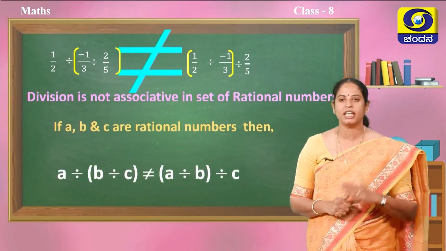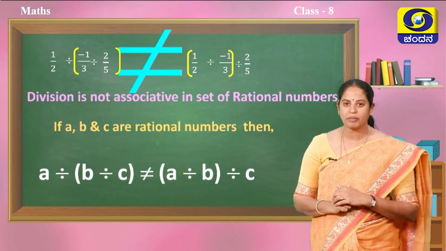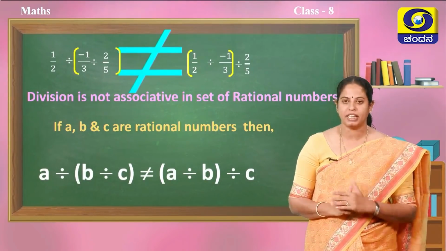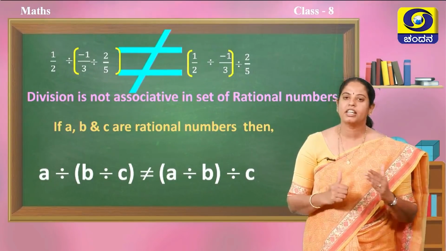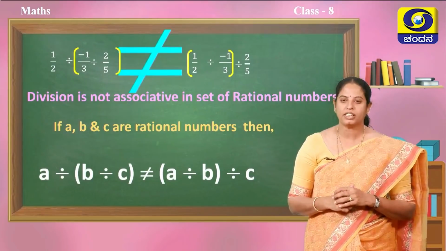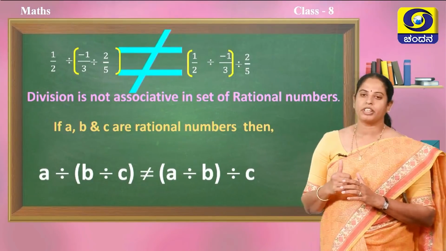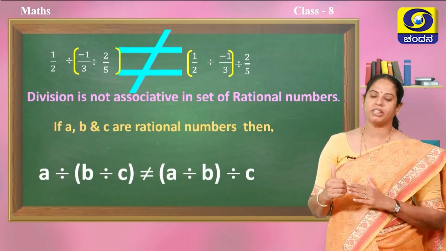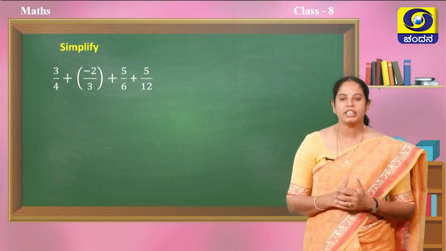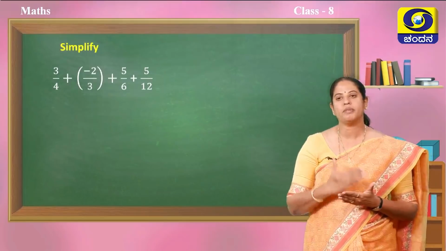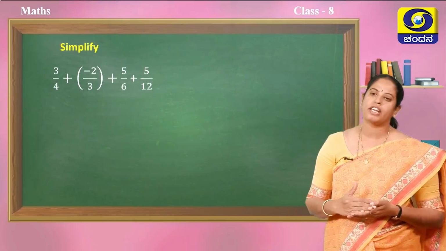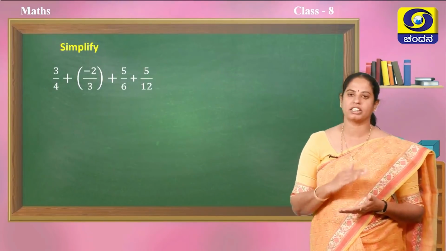If you consider A, B, C, three rational numbers, when we divide A by the result of B divided by C and we get the quotient, that is not equal to the quotient that we get when we divide result of A divided by B by C. Yes. So in set of rational numbers we observed addition and multiplication of associative law holds good, whereas for subtraction and division it does not hold good.